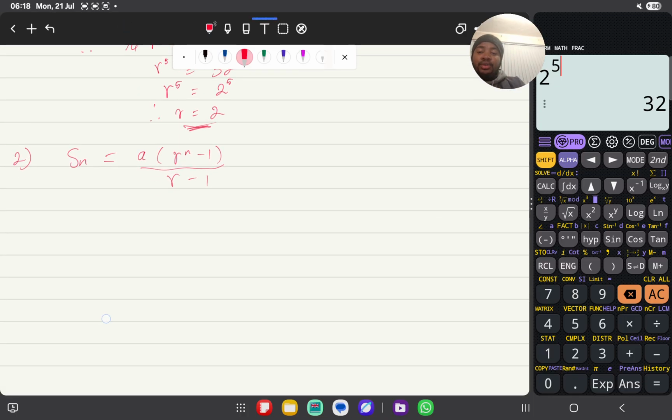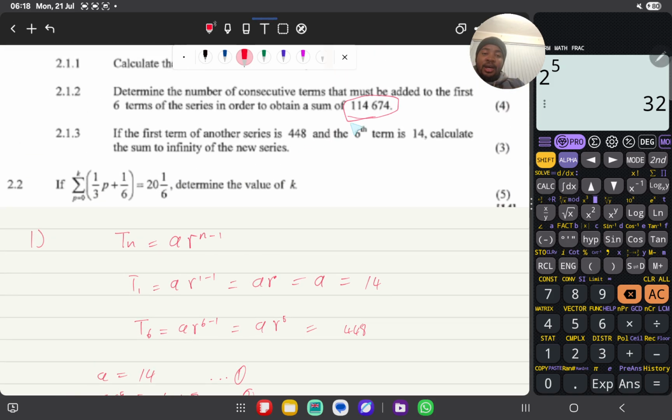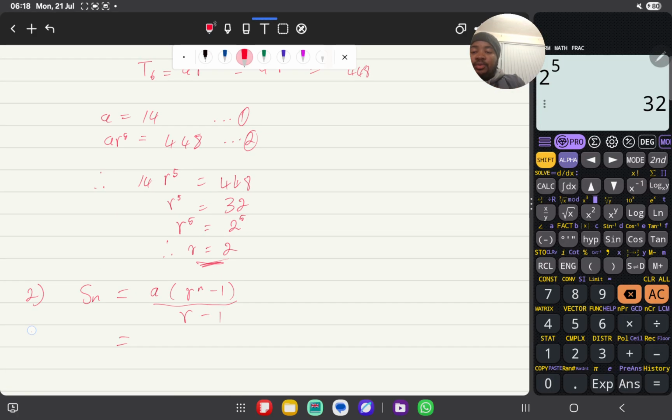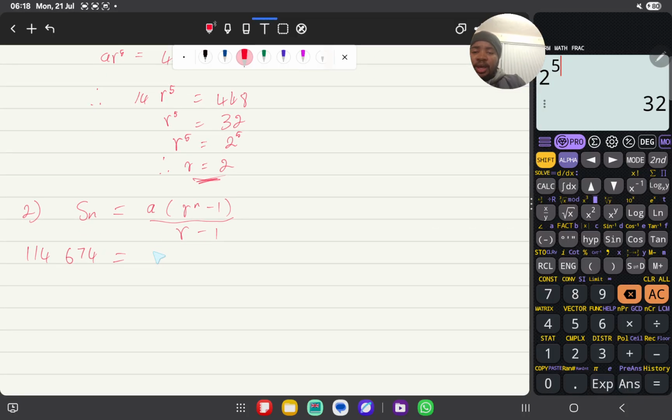So we go to our formula. We're going to substitute Sn as 114,674. Our a is 14, and r is 2, because of course we know r is 2.